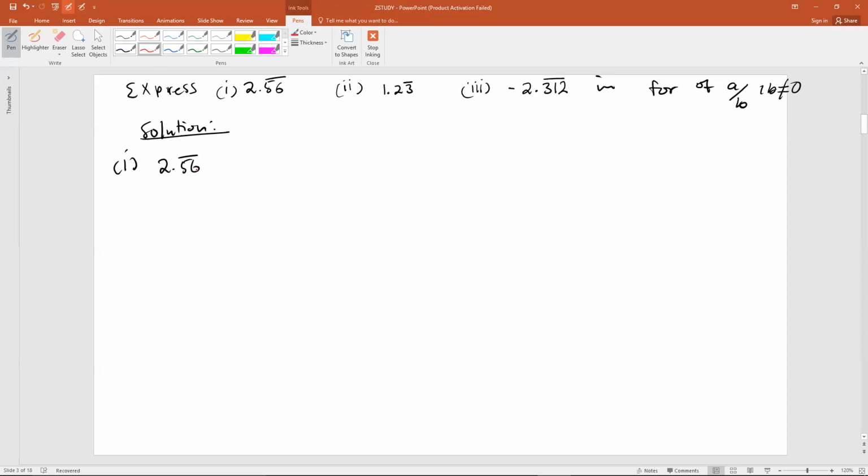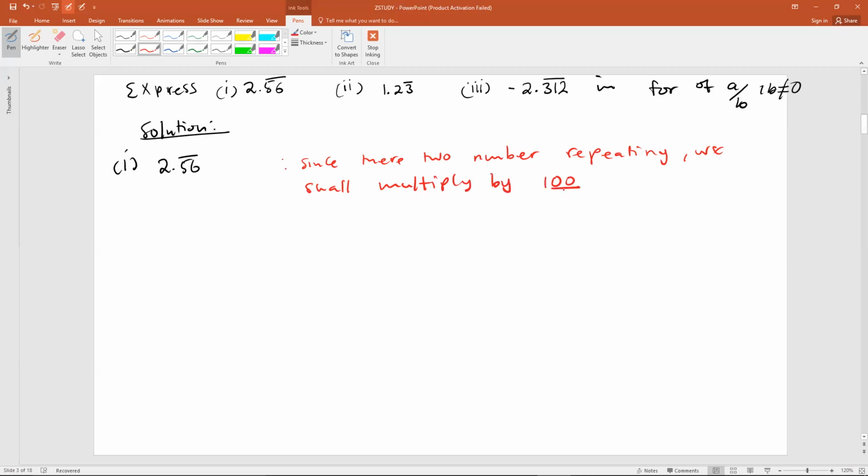The first thing that you do, please take note, is take note of the numbers that are under the bar. Since there are 2 numbers repeating, we shall multiply by a number with 2 zeros, and that's 100.